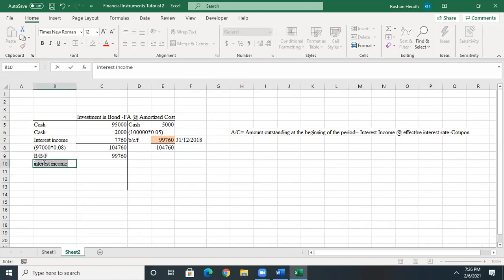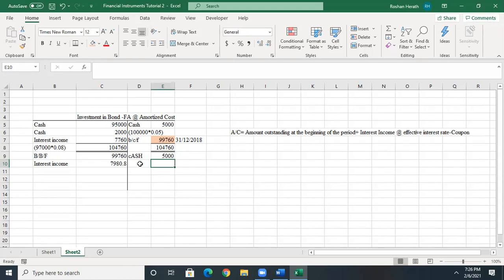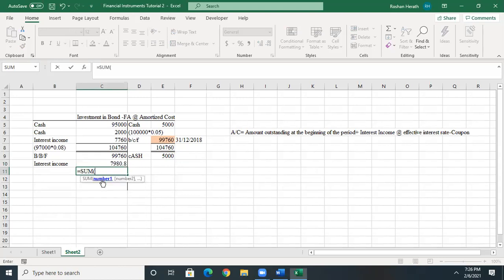Now you have to simply continue the same. Take the interest income, how? The amount outstanding at the beginning of the period, apply the effective interest rate. Take the coupon, deduct it. It's always the face value into the coupon rate. So look at what is the amount outstanding.